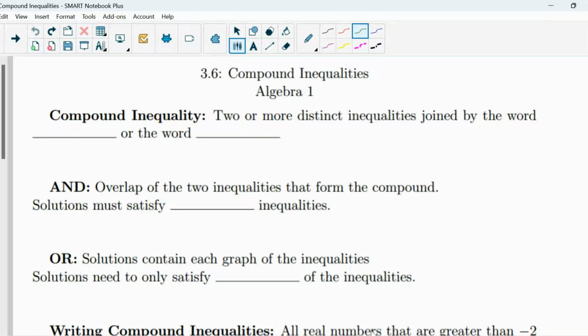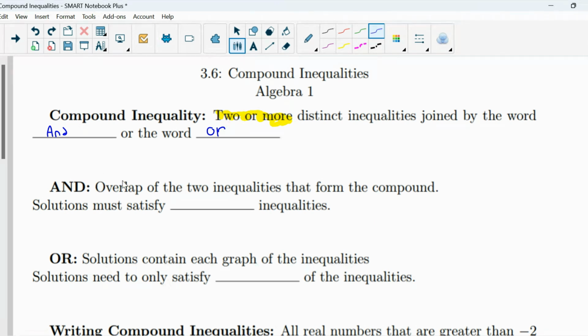Which is compound inequalities. So a compound inequality is when you have two or more distinct inequalities joined by the word and or the word or. Okay, so we will have two different types of compound inequalities.